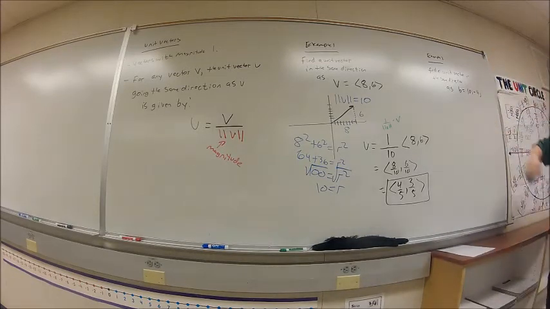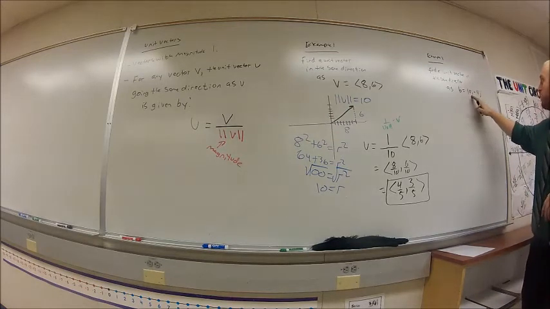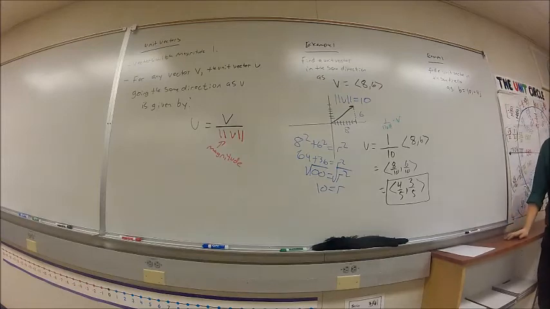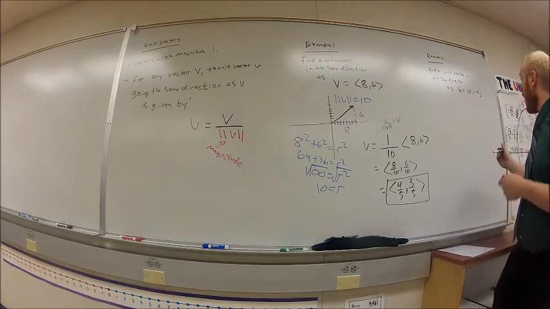Go ahead and copy down example 2. Find a unit vector in the same direction as v equals 10i minus 4j. Start this the same way we started the other one. So graph it.